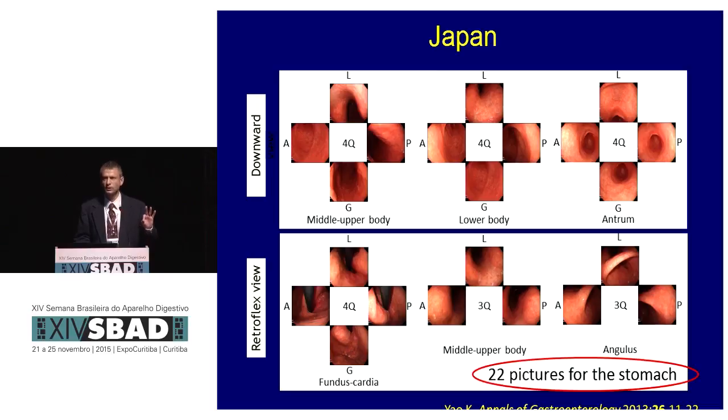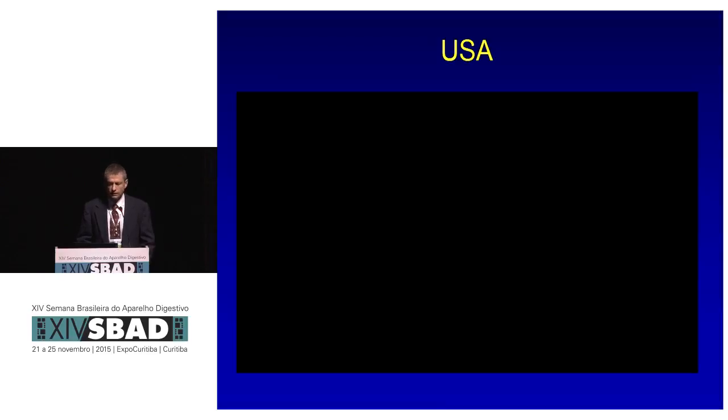Just in the stomach, you have to take 22 pictures. We, in the United States, are clearly lagging badly because we do not have any official recommendation on the number of images to obtain at upper endoscopy. So we have a big black box there. Clearly, our societies, ASGE, need to put something forward.